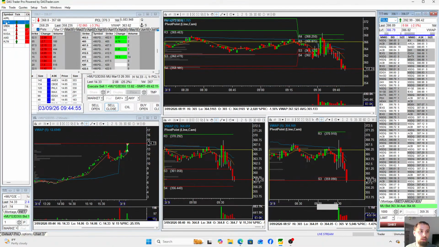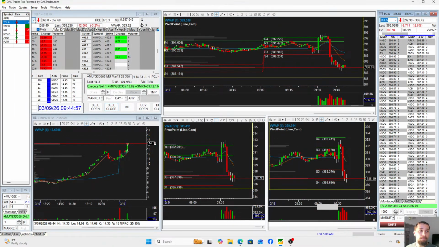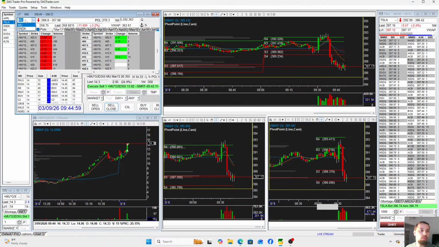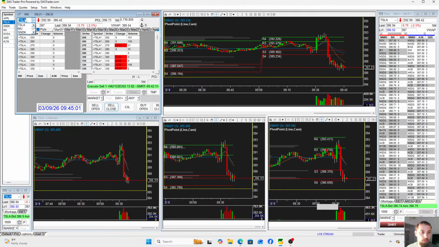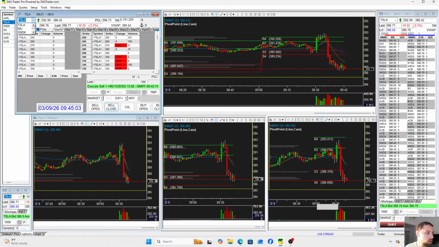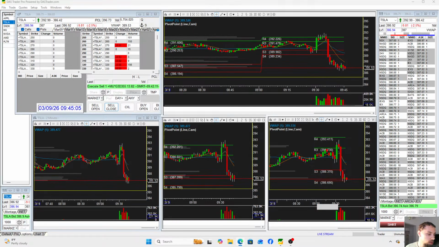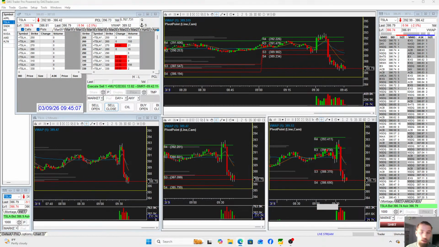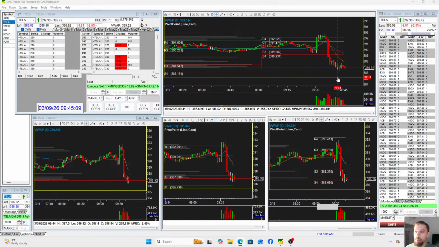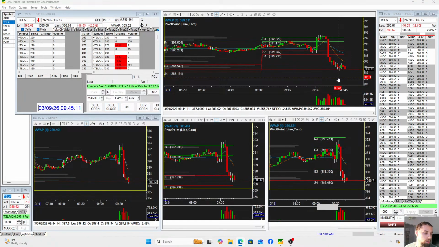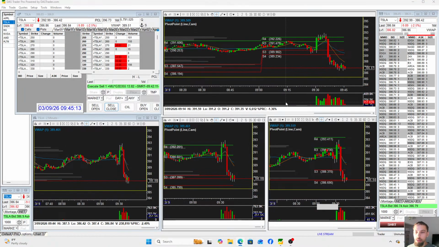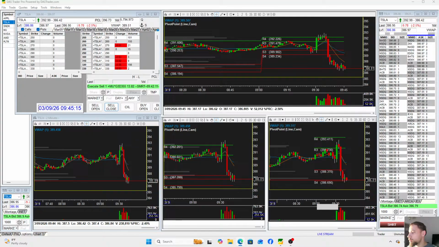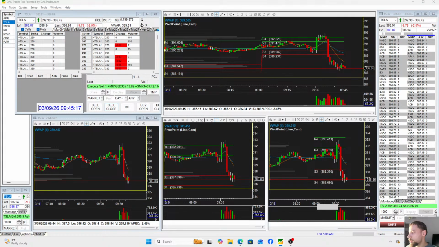Let's go to Tesla. Tesla has a huge order at 385, pretty much where the box is, for 68,000 shares to be filled or to be bought. So let's switch that to 5.